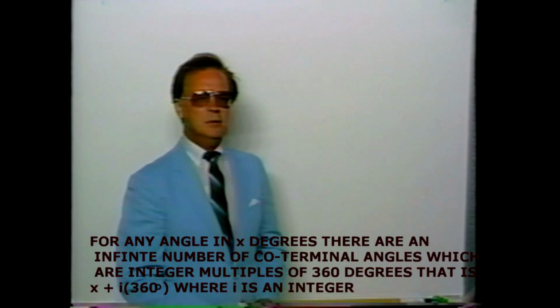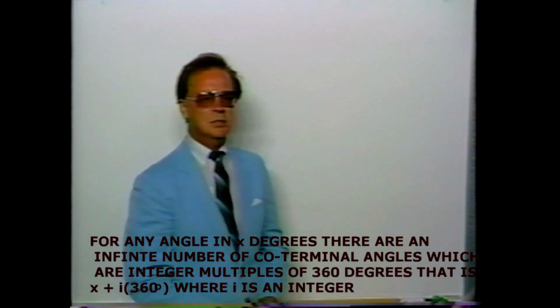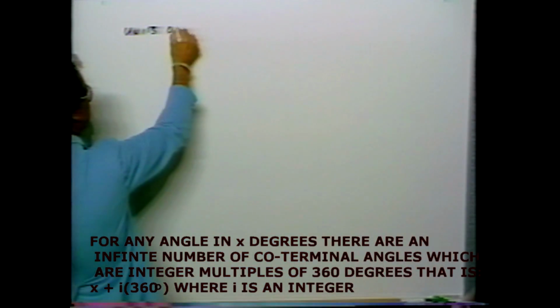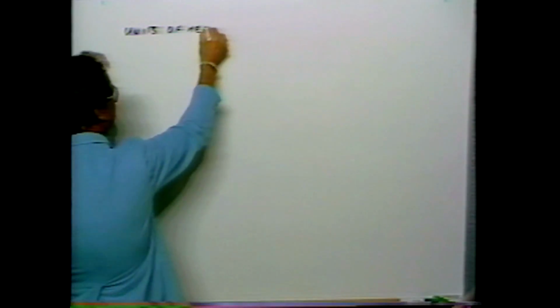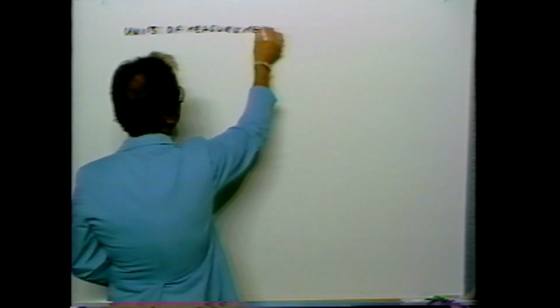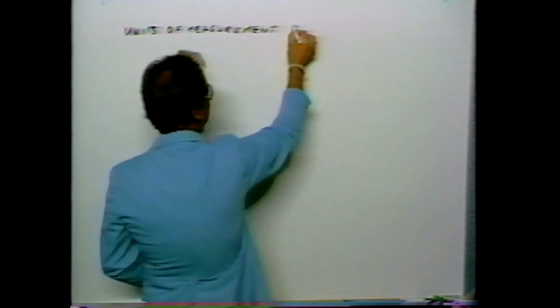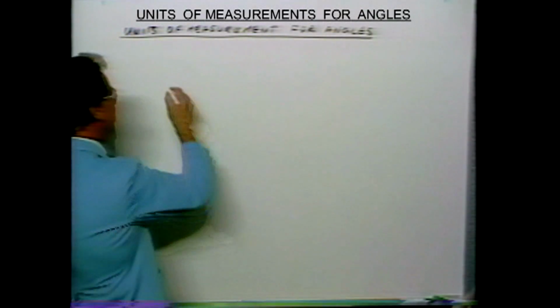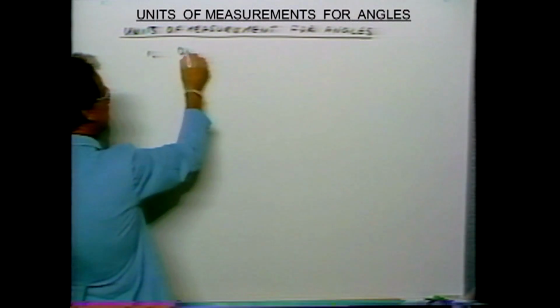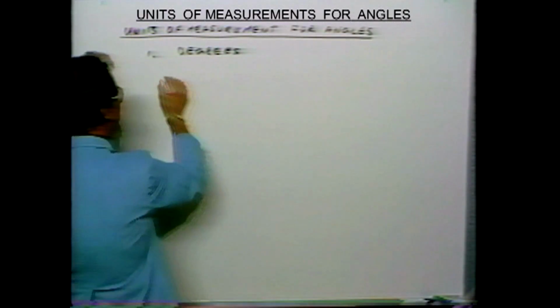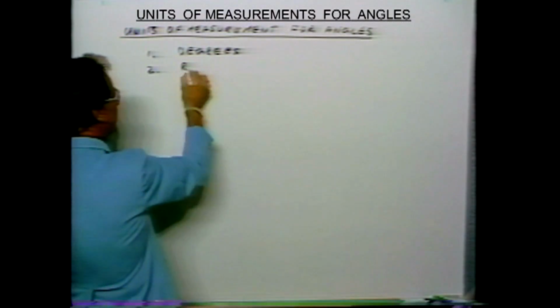There are three different units of measurement in use to measure the size of angles. And they are 1. Degrees, which I have already mentioned, 2.